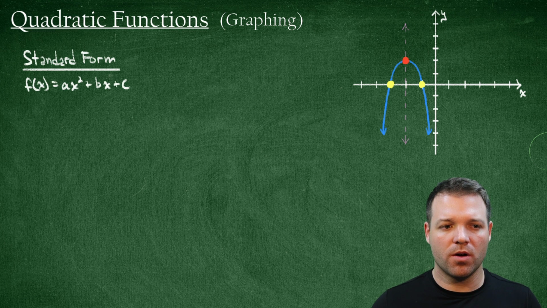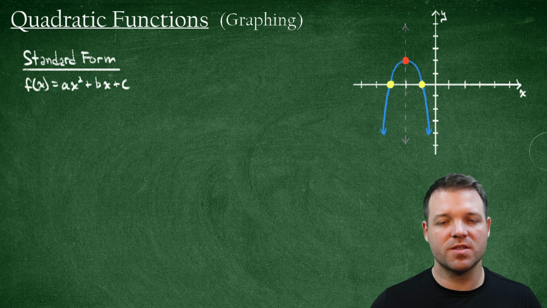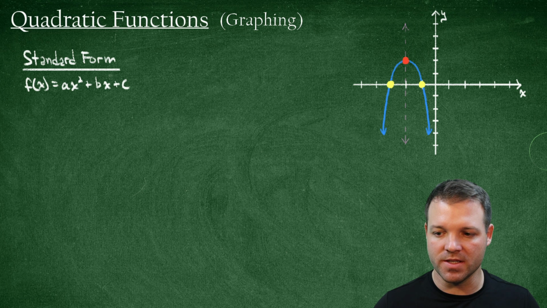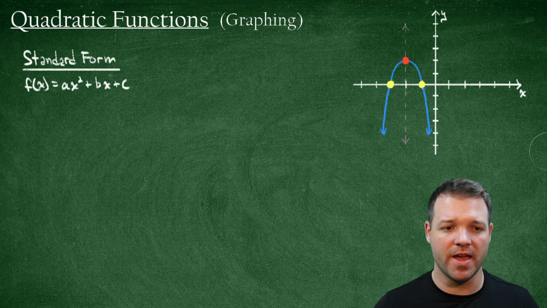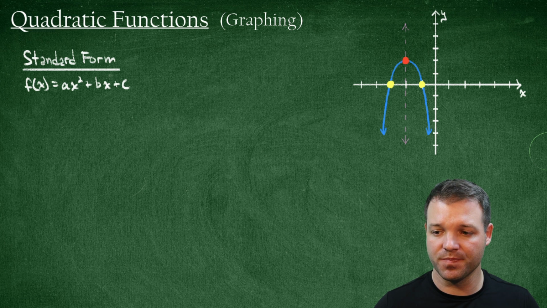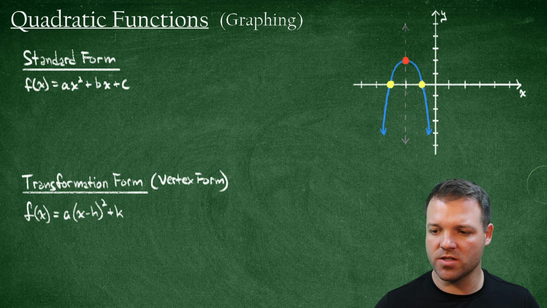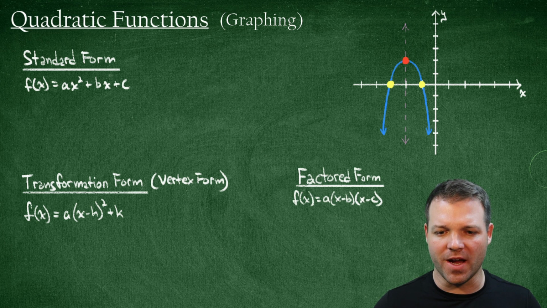So there are really three main forms that we will ever see a quadratic written in algebraic form. It is going to be standard form, which is ax squared plus bx plus c. We have vertex form, or in other words, the more generic transformation form, which is a times x minus h squared plus k, which you guys already saw at the very beginning. And then we also have factored form.